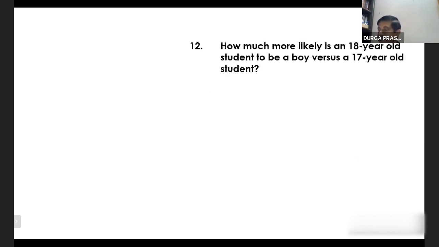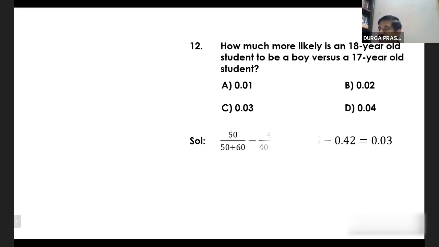Now let us see what is the question that is asked. How much more likely is an 18-year-old student to be a boy versus a 17-year-old student? Let us go back to the table and see what is there. How many students are there who are boys under 18 years?